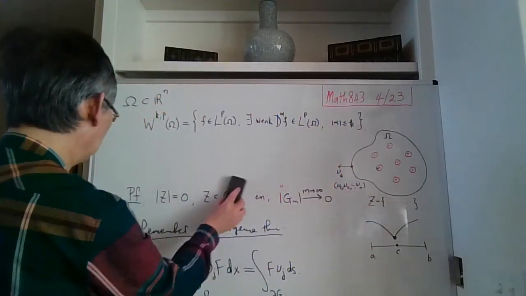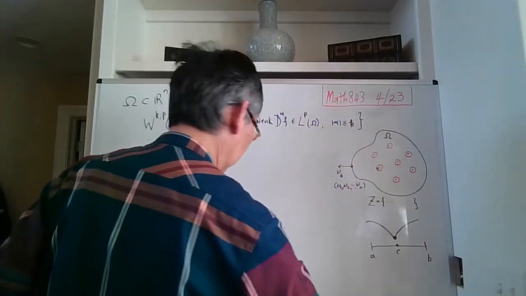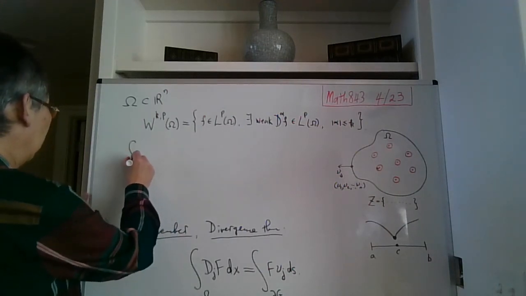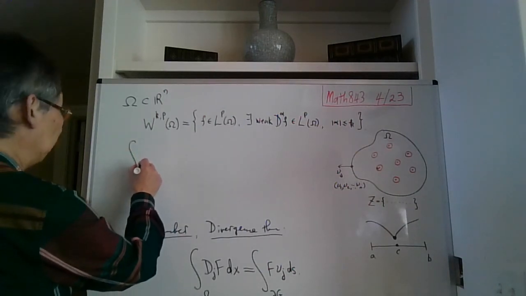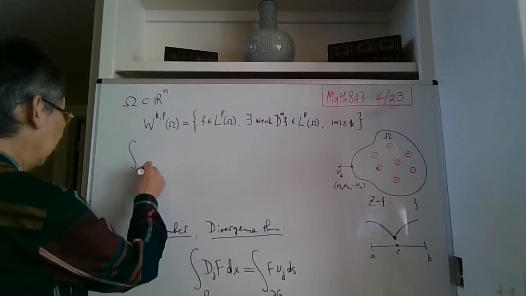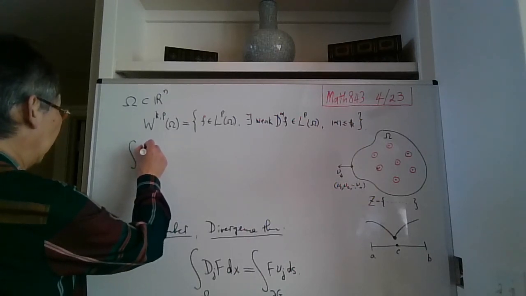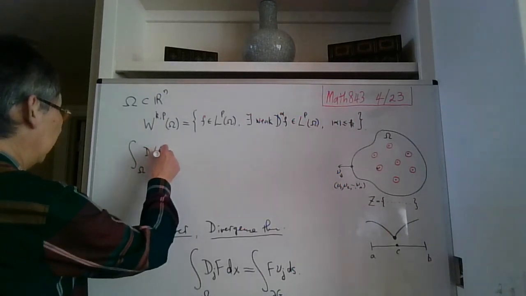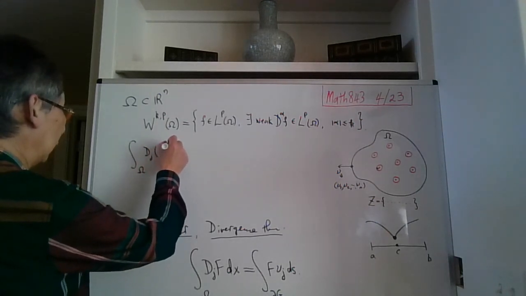So what we're going to do is consider the integration on Omega of the derivative D_j of f times phi, where phi is the testing function.